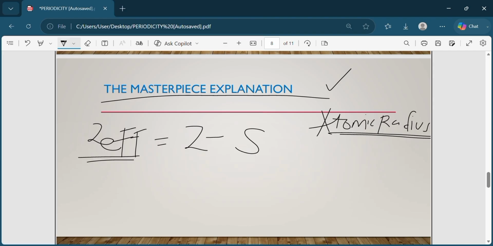So be it effective nuclear charge, electropositivity, electronegativity, metallic character, or atomic radius, all of them will always follow this explanation that we are giving right now.